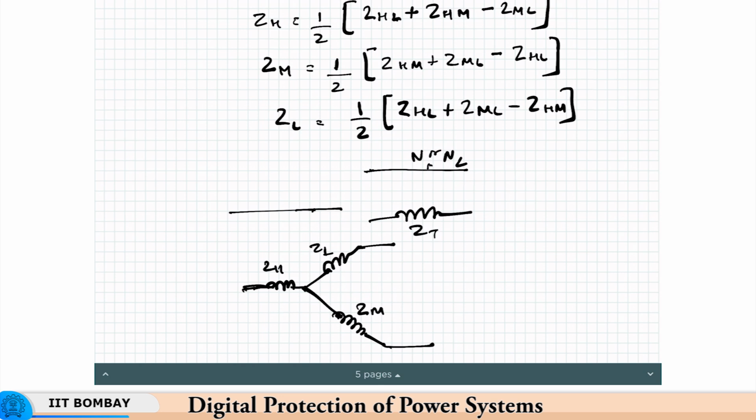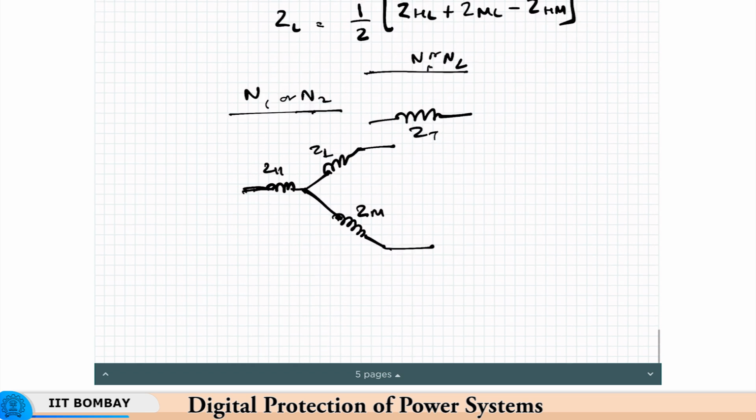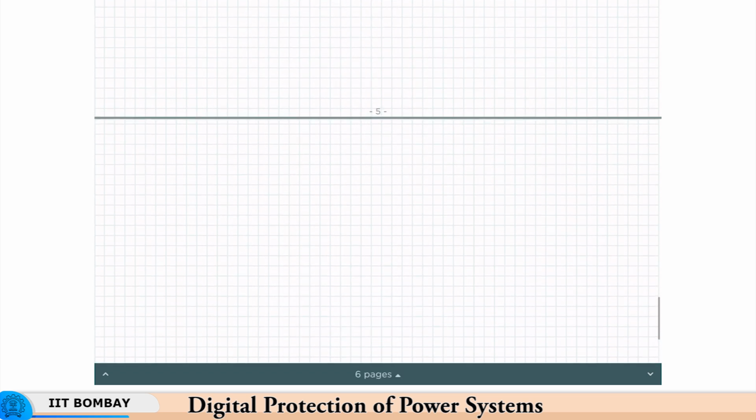So, this is the reference bus N1 or N2. Now, depending on the connections, the zero sequence network connections will be different. So, we will quickly consider two or three cases so that you get an idea, and then we will move on to generators.